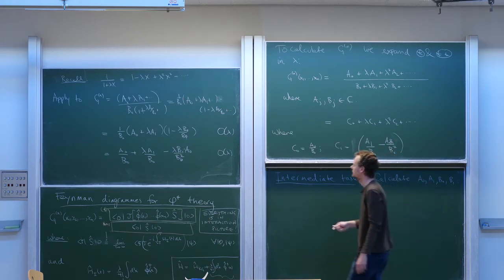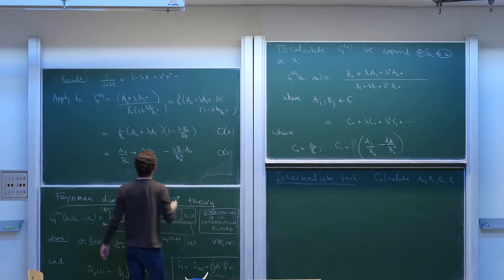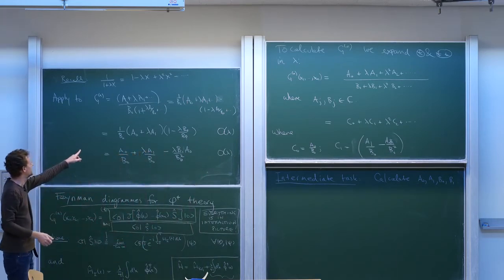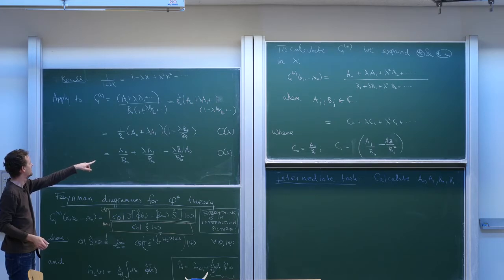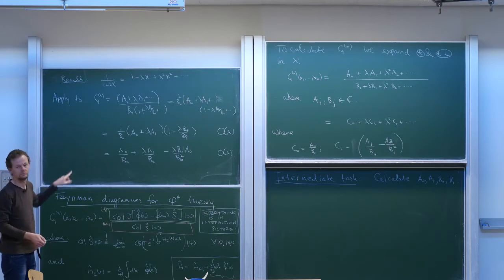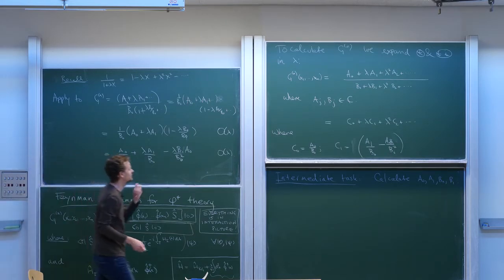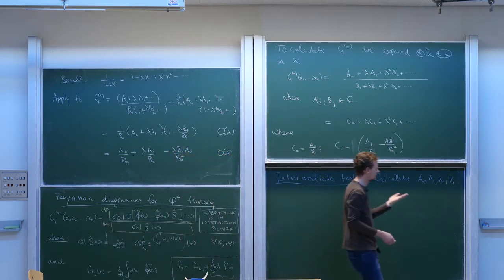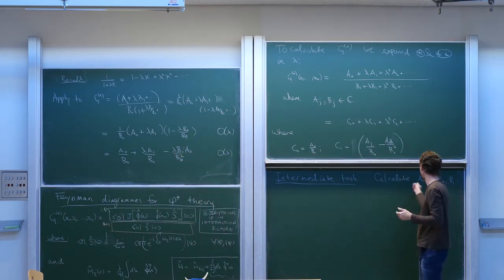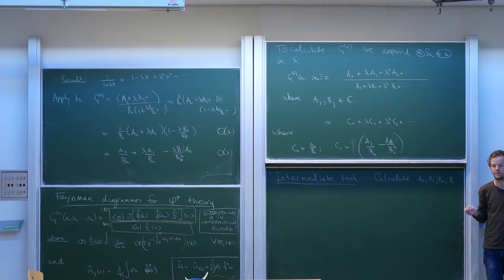Goodness me. That's what happens when you do things in your head. Is it good now? Yeah. Seems to be some consensus. Good. Well, it doesn't change what we have to do, which is still calculate these 4 things.